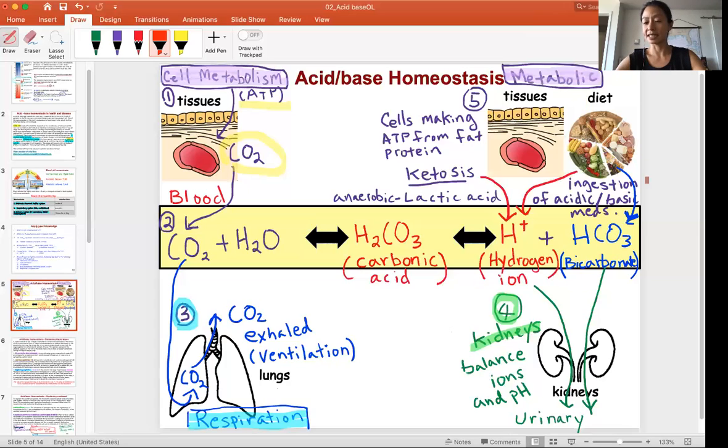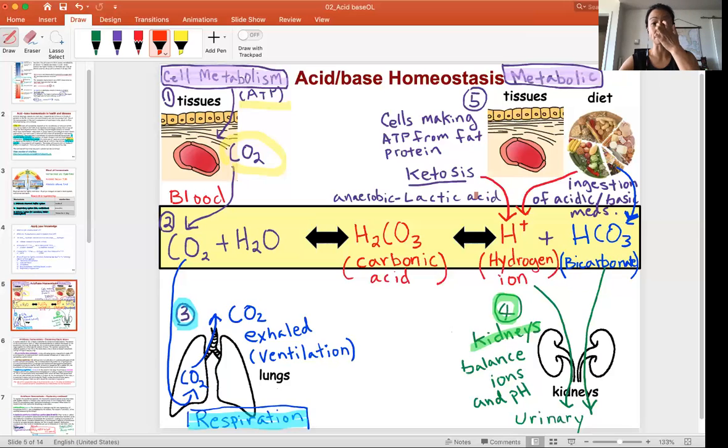Also, different diets, ingestion of acid or basic medication or IV, if it's not quite at the proper levels, you can have an excess of bicarbonate in the blood and not enough hydrogen to pair with it.